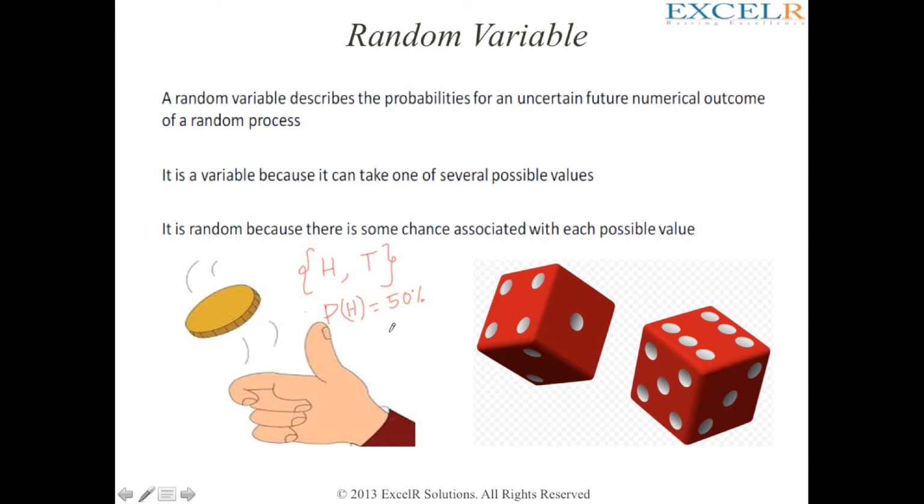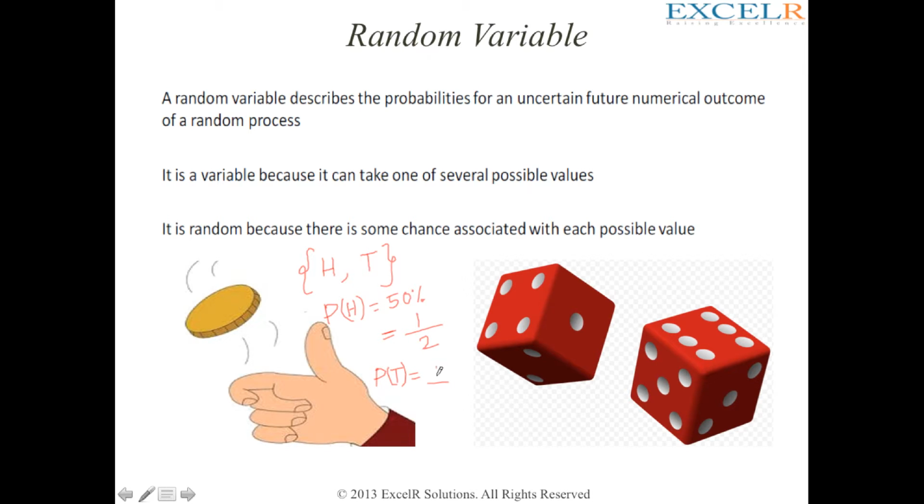How did I get 50%? I would divide the output event that I am interested in here, that is head, which is only one possibility out of these two possibilities. That's 50%. The probability of getting a tail also has a probability associated with it.